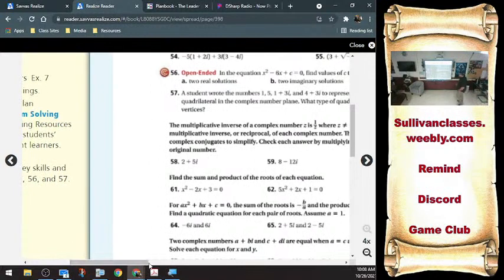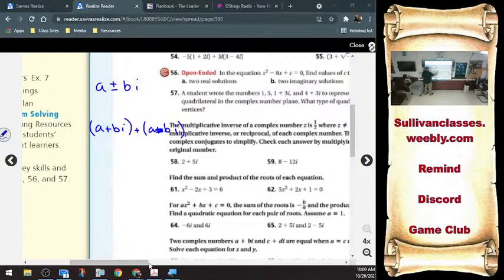Oh, sum and product of the roots. So stage one, you have to solve it. Quadratic formula or complete the square, however you're going to. But when you get to your answer, a plus or minus bi, the sum and the product of the roots says take a plus bi plus a minus bi and add your two answers.